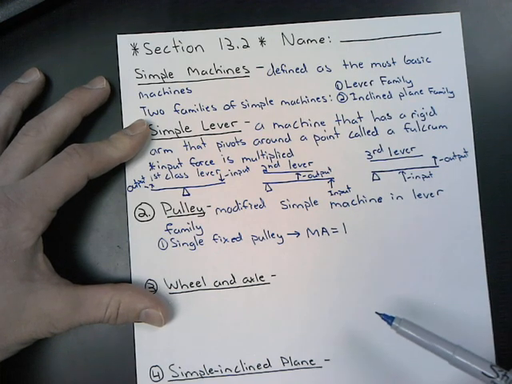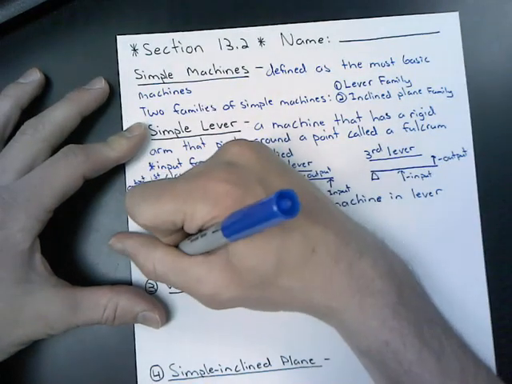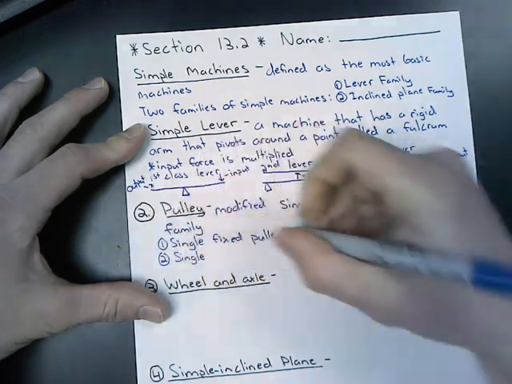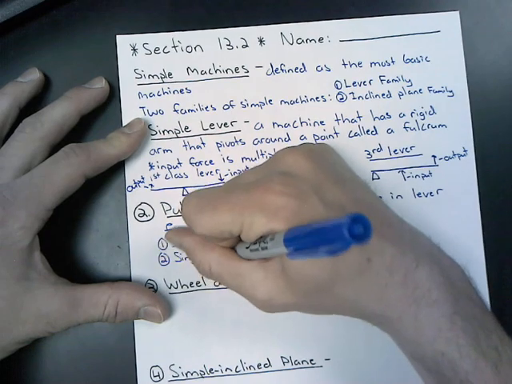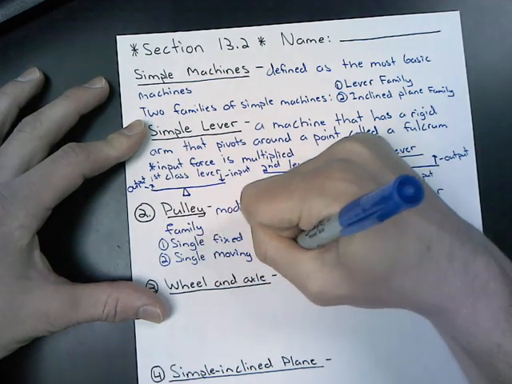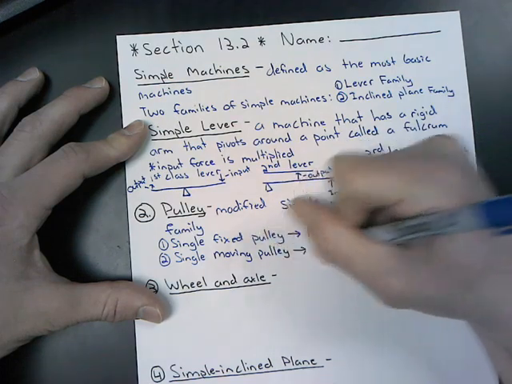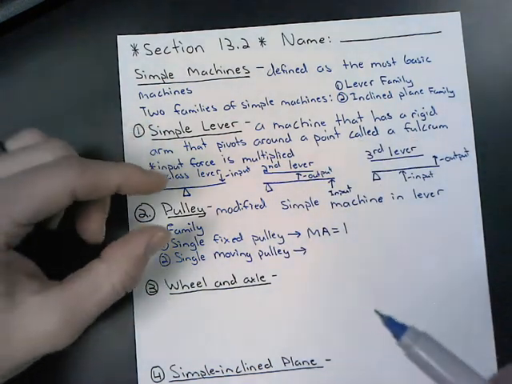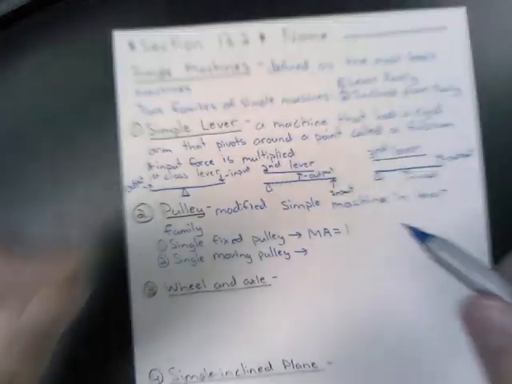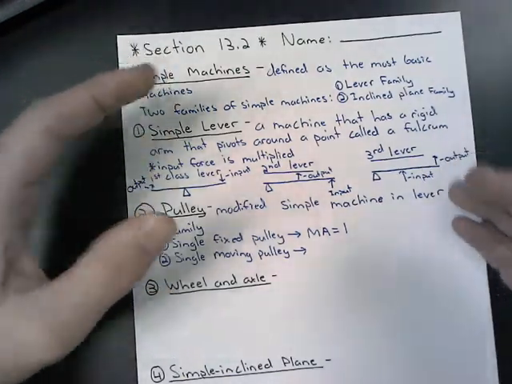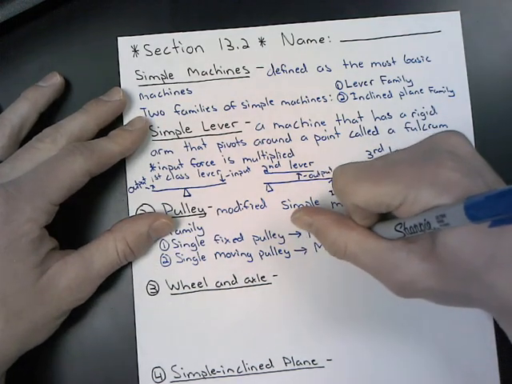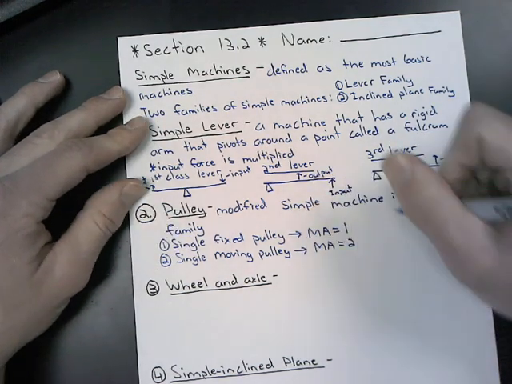Now, if I have the second case here, a single moving pulley. So what that means is as I move the pulley up, both the weight and the pulley go up and down at the same time. If I have this here, the mechanical advantage is equal to 2.